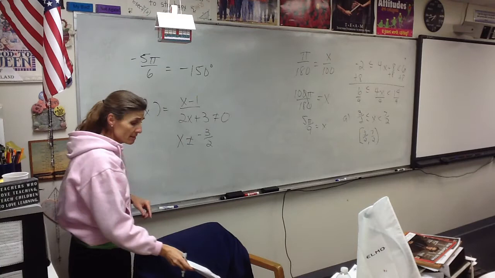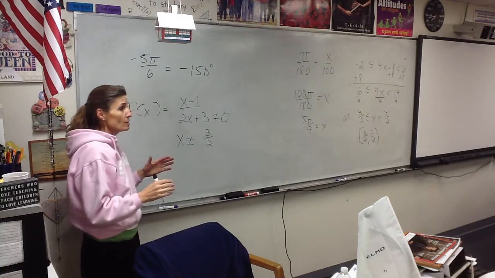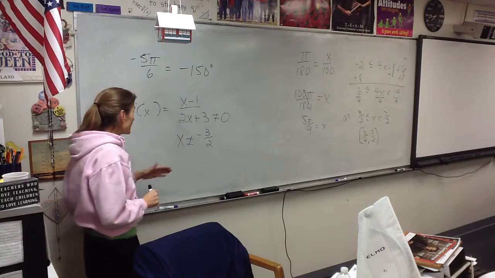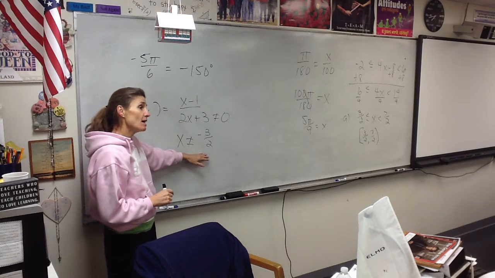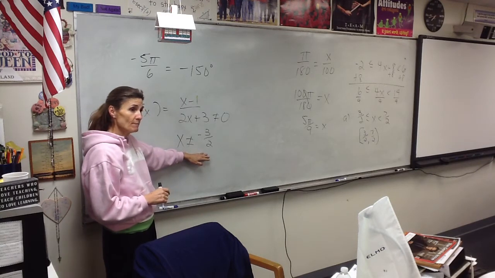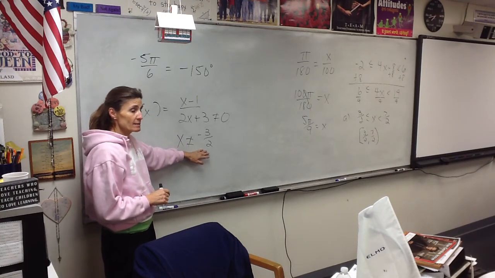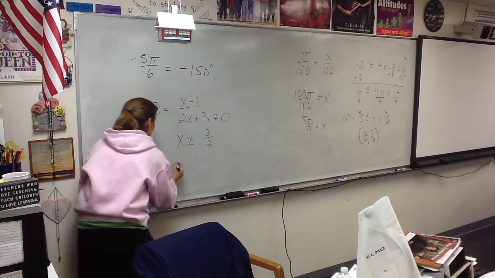But again, I don't know. Actually, I do, but I can't say. I can't tell you how the answer to this is written. It might be written like this. It might also be written like this.